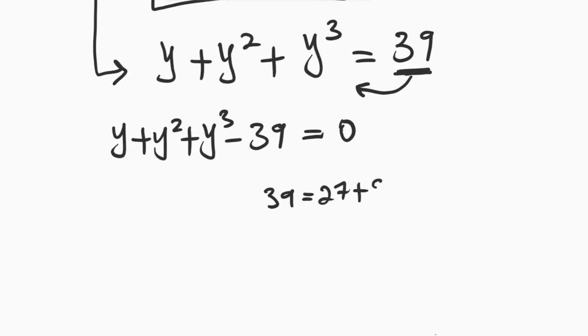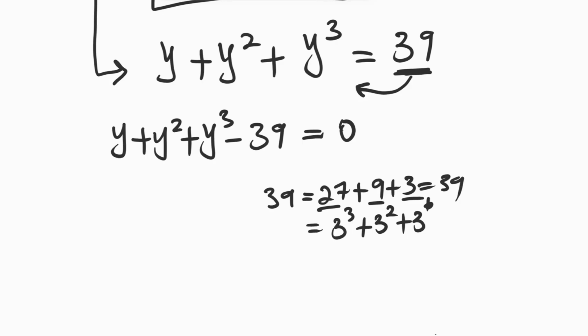So now 39 is the same thing as 27 plus 9 plus 3. Okay, so now here we have 3 raised to the power 3 plus 3 raised to the power 2 plus 3 raised to the power 1, or just 3. So this is 27 plus 9 plus 3, which will give us 39.